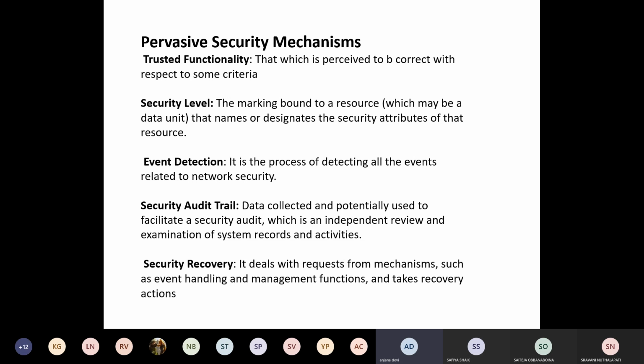Next one is security audit trail. The data collected and potentially used to facilitate a security audit. Here we are going to continuously perform some audits related to security, which is an independent review and examination of system records and activities.